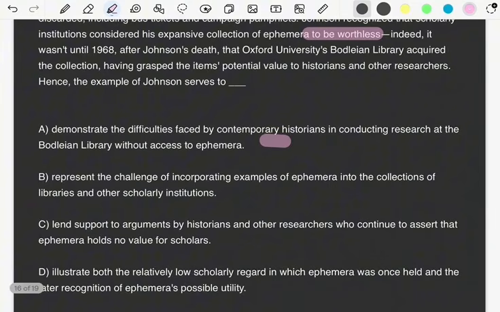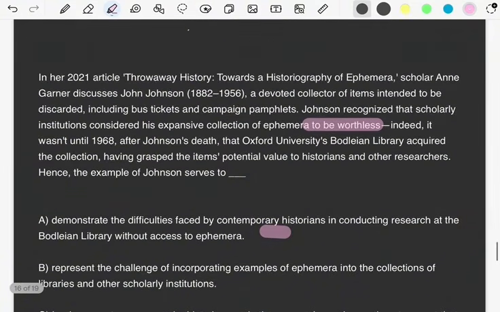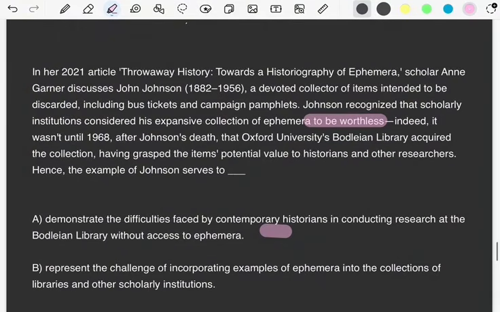Now, once we've read the passage completely, let's identify the main logic. So let me break down what happened in the passage. Here it says that Johnson collected ephemera, that is, throwaway items. Scholars thought that it was worthless at first. Later, in 1968, Oxford University recognized that it has a potential value.